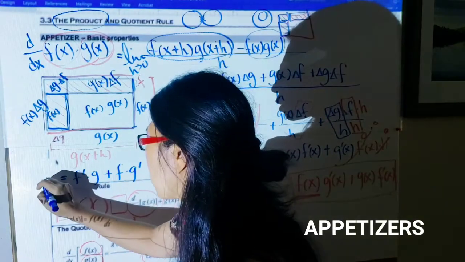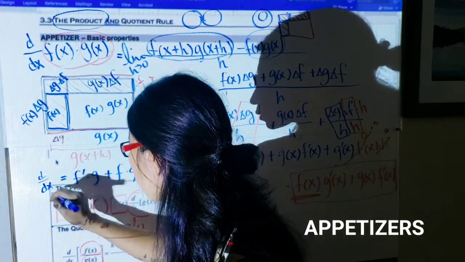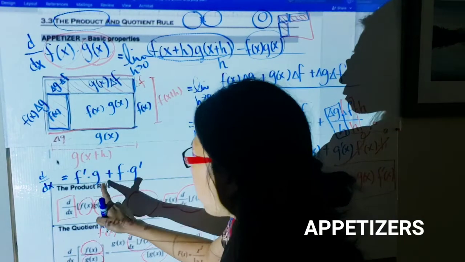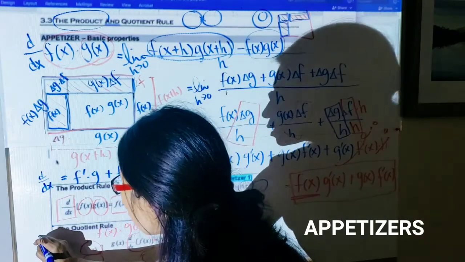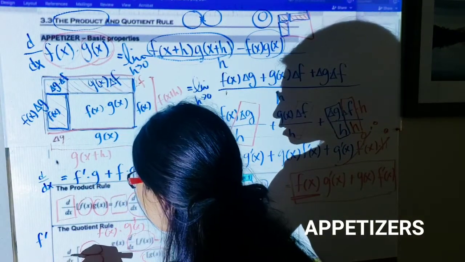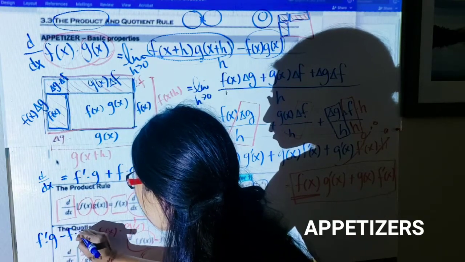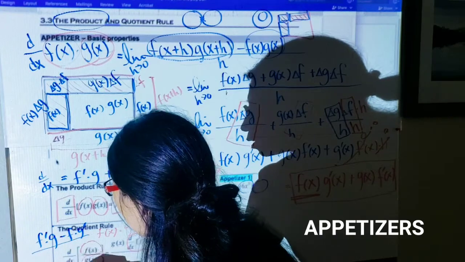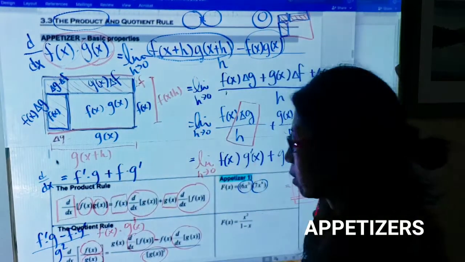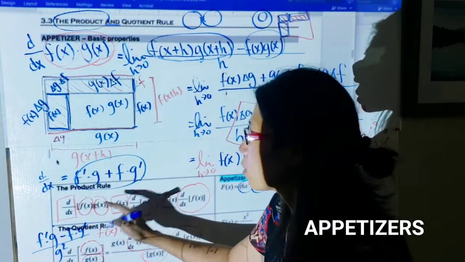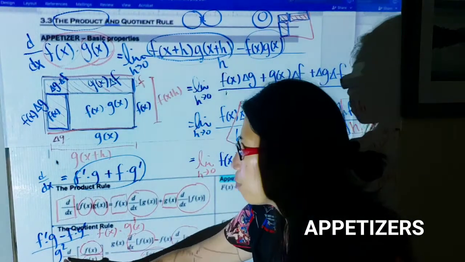That's how I memorized when I was in school. And then for the next one, you can follow this rule. So take a derivative and then leave it, minus leave it and then take a derivative, over bottom square. That's how I remember. Because if I have this one, I can just use a subtraction and then bottom square.